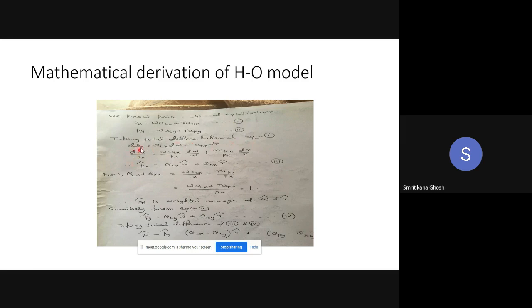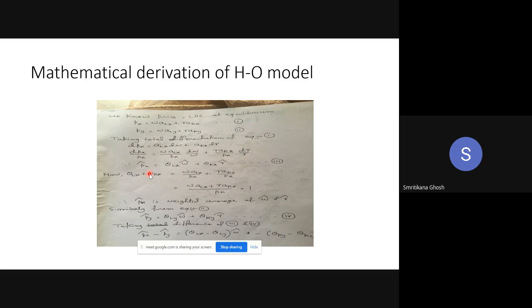If you divide it by PX, and the first component on the right hand side you multiply by W and divide by W, the second component you multiply by R and divide by R. I can write it neatly. So dPX by PX, I can write as PX hat.